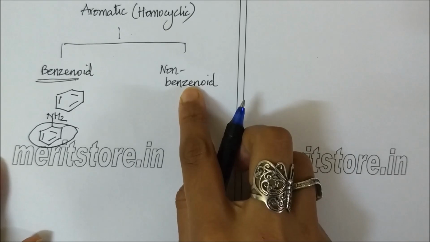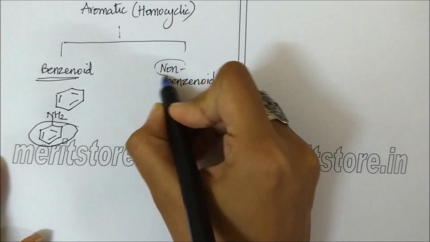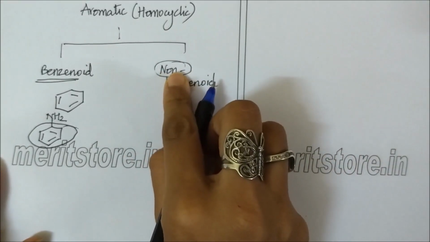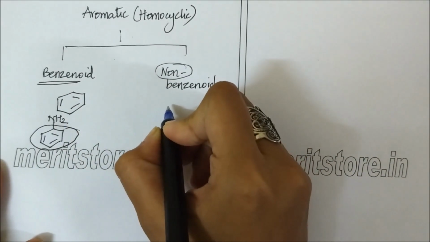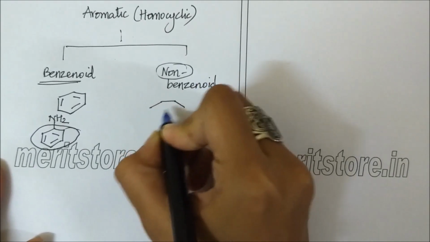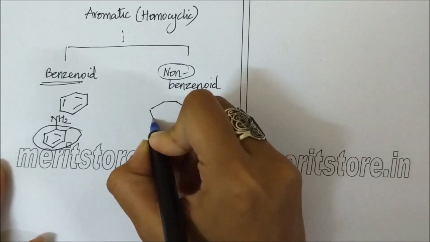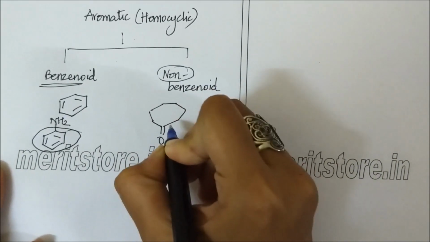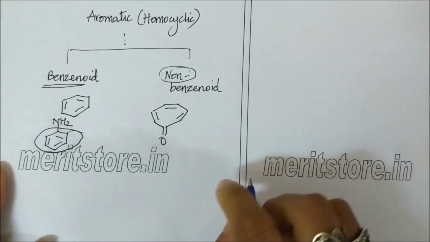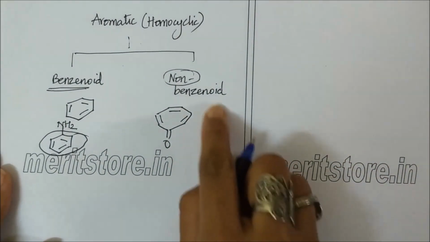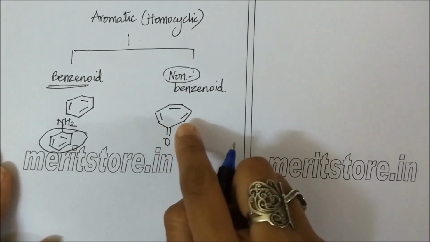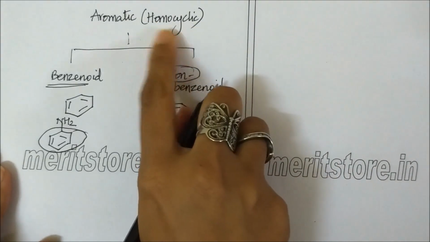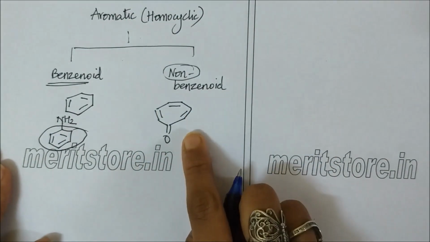A non-benzenoid aromatic compound: non-benzenoid means there is no benzene. An example is tropone, which does not resemble a benzene nucleus and hence it is a non-benzenoid homocyclic aromatic compound.